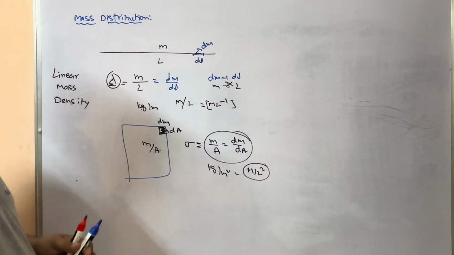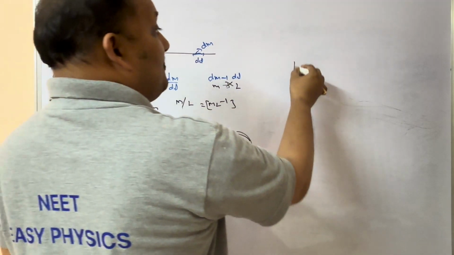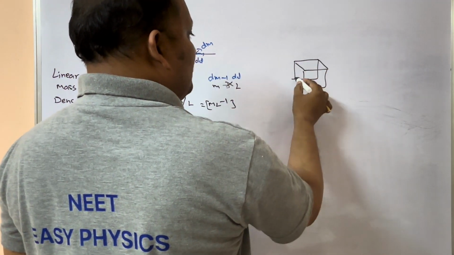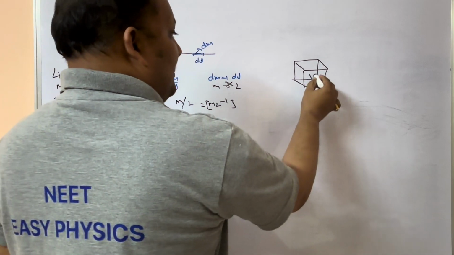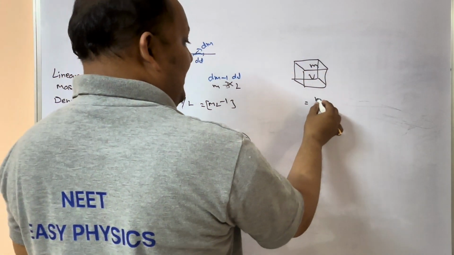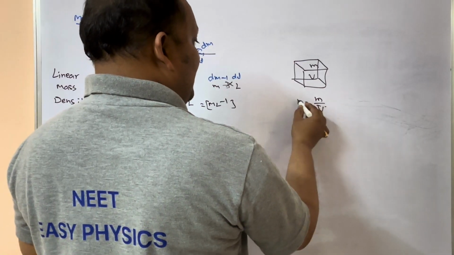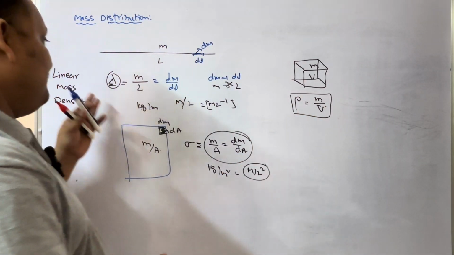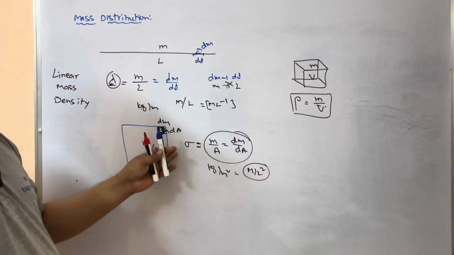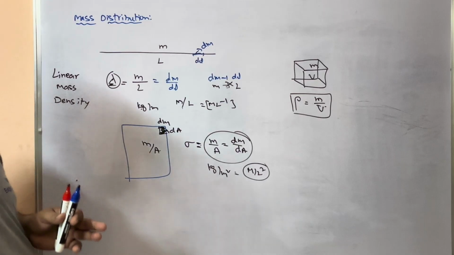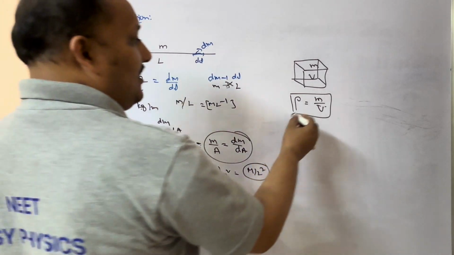If it has volume, like a book or a box, anything that has volume, then within that volume, how much mass is going to be available? Everyone knows this as density, but actually it is volume mass density. Among linear mass density, surface mass density, this one is volume mass density.